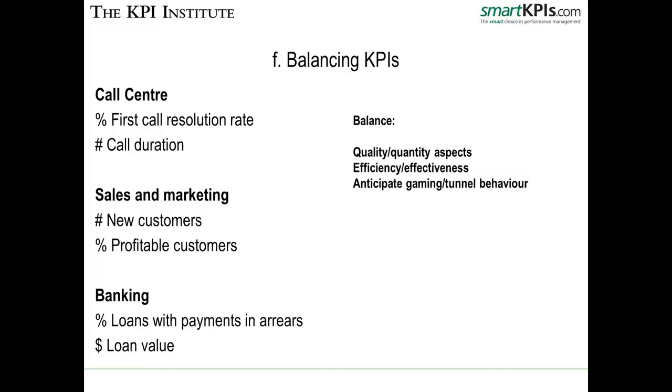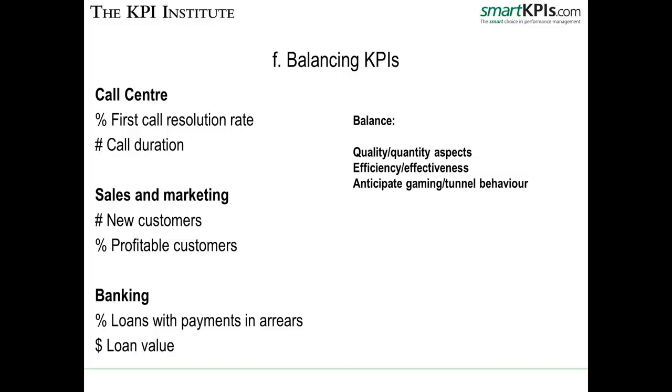Another technique that I already anticipated as part of KPI selection criteria is balancing KPIs. So what I grouped here are several examples on how we can select KPIs by balancing the initial KPIs identified with another KPI that protects against gaming.